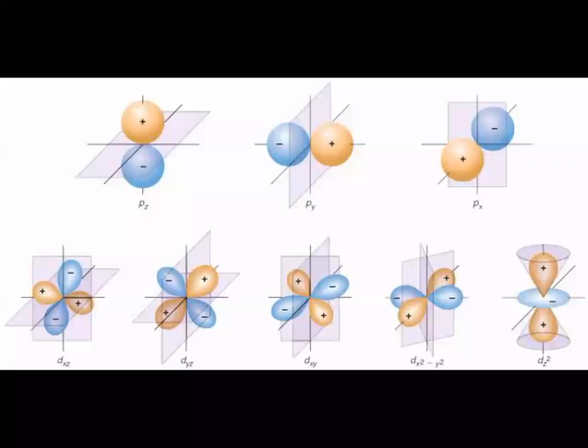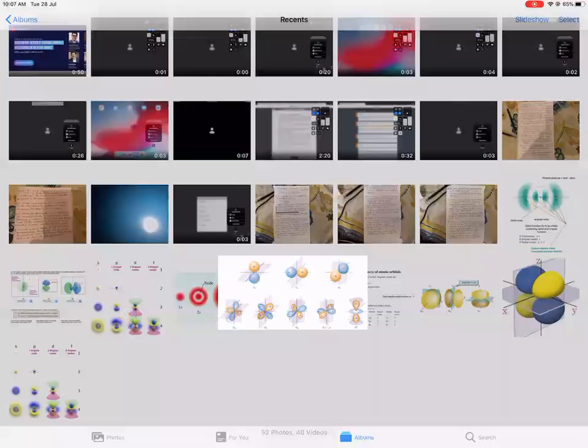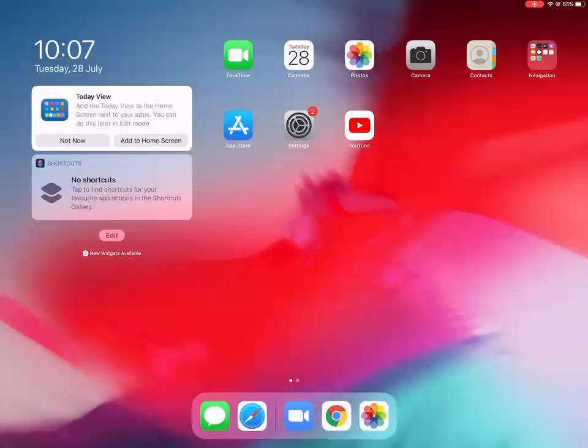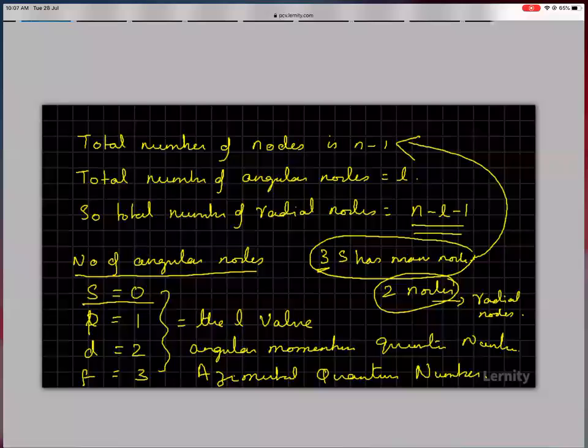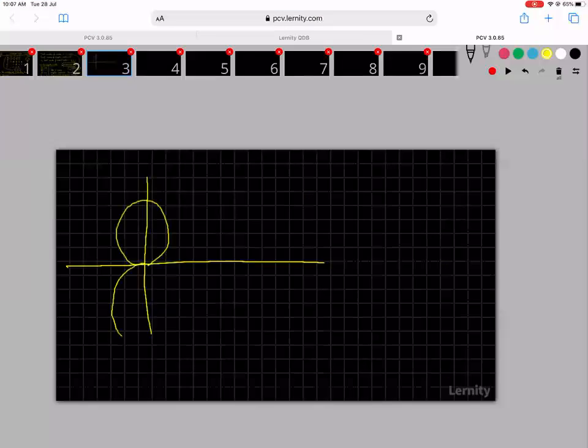So this is PZ, that means this is along the Z axis. The electron cloud is here. The electron can be found here, and here. In this plane, you cannot find the electron. So this is an angular nodal plane.